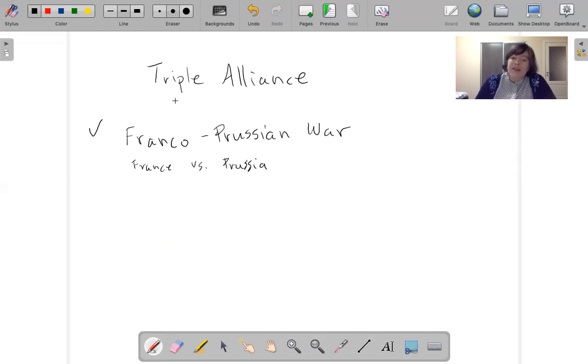But in between when this war happened and the beginning of World War I is when all the Prussian areas joined together and became Germany. So now we're talking about France and Germany, but Germany is what Prussia used to be. No, Prussia is what Germany used to be. So when you hear Germany, think Prussia. So, sorry about all that. This can be confusing. I'm trying to make it as clear as I can.